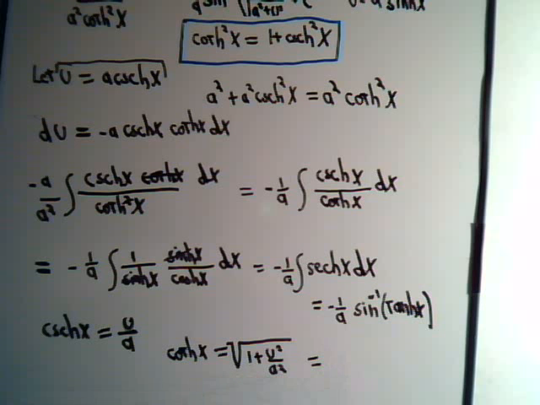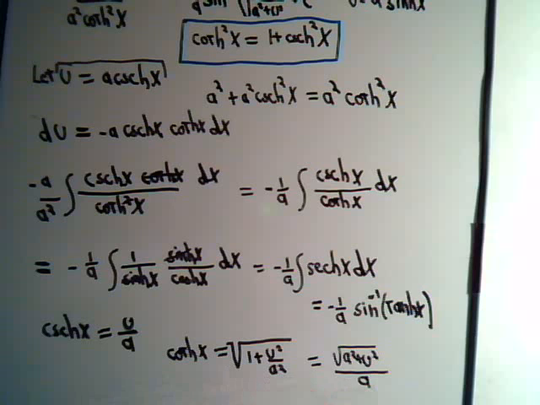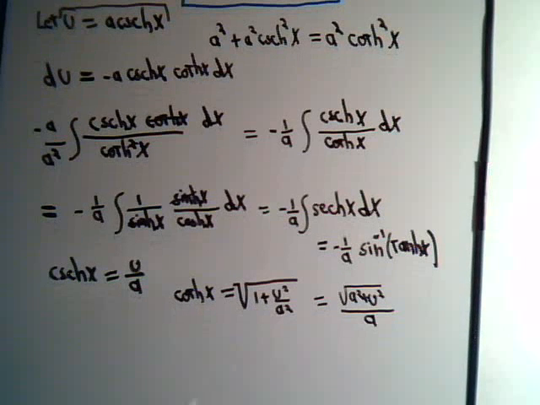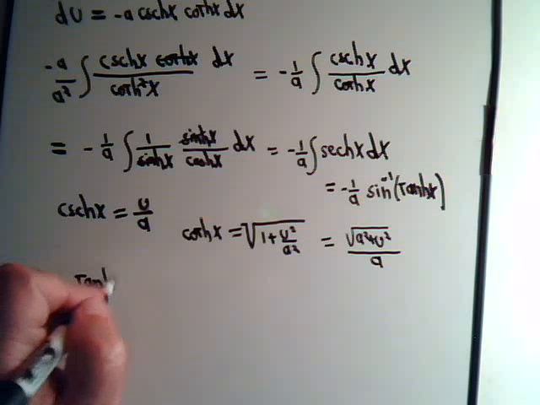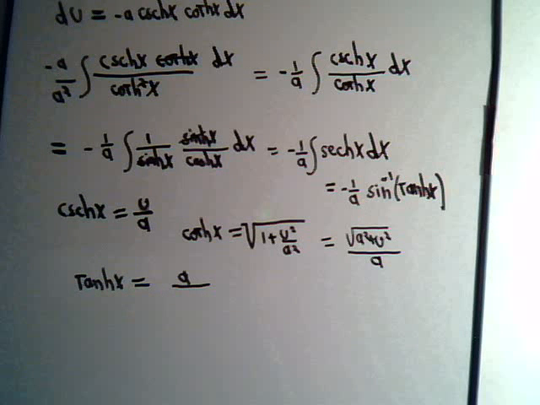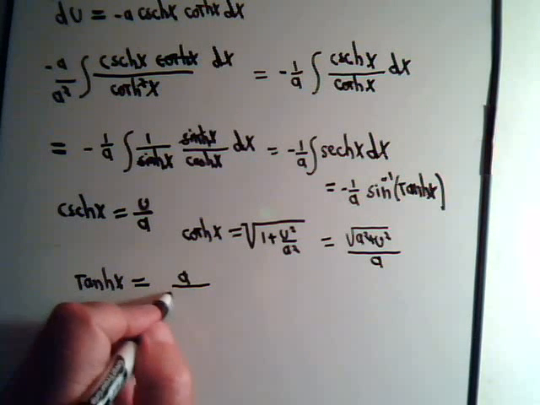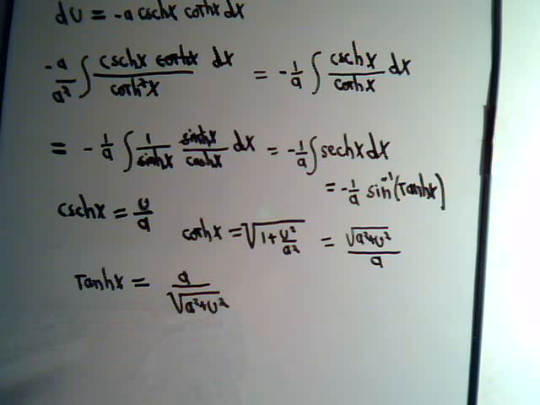And if we do the algebra here, this should be equal to the square root of a squared plus u squared, divided by a. That's the hyperbolic cotangent of x. We want it for the hyperbolic tangent of x. So we can say that will equal a divided by the square root of a squared plus u squared.